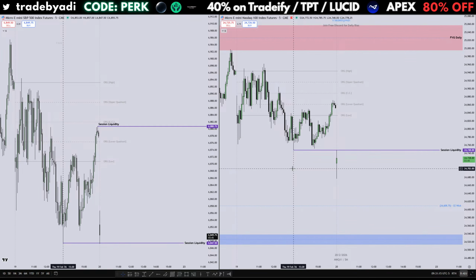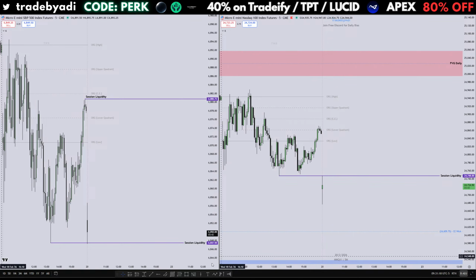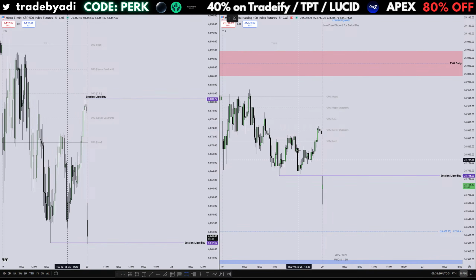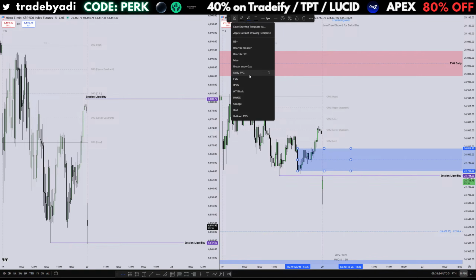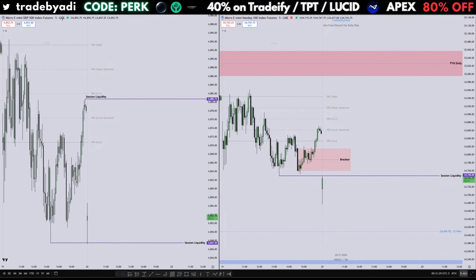And in this range, which is the breaker, the down close candle before going to the upside, this is the candle we can consider as a bearish breaker.